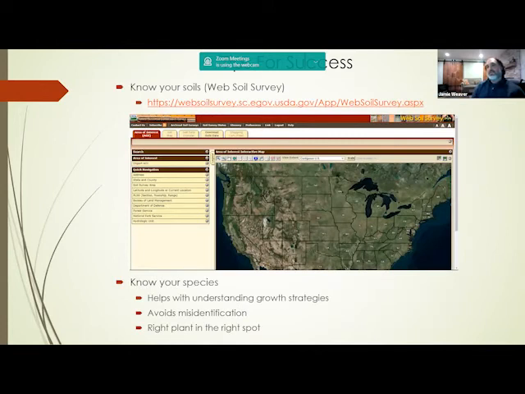And then knowing your soils. There's a web soil survey is a free online resource. It's a website that's done actually by the Natural Resource Conservation Service. Depending on if you use other GIS software or navigation software, you can import to delineate where your planting is, or you can delineate it just by drawing polygons.